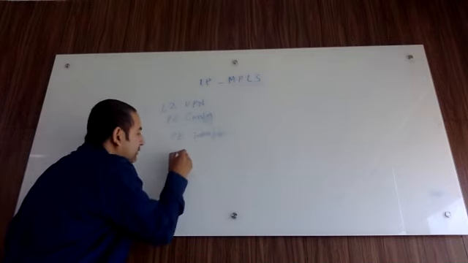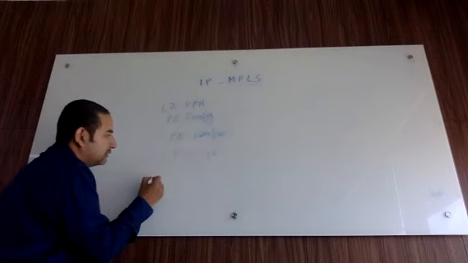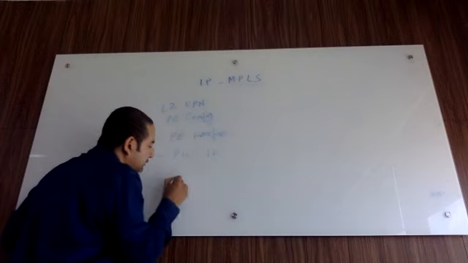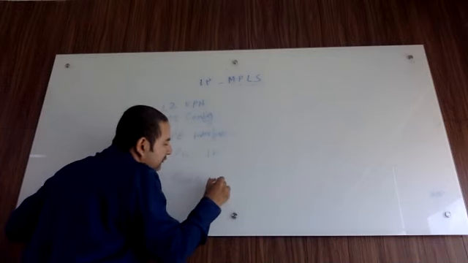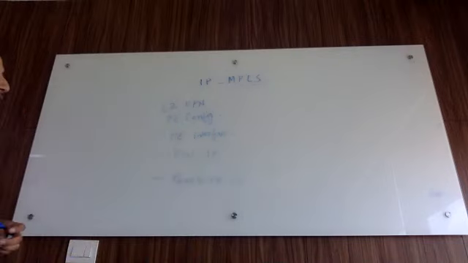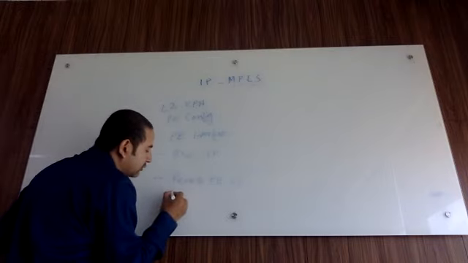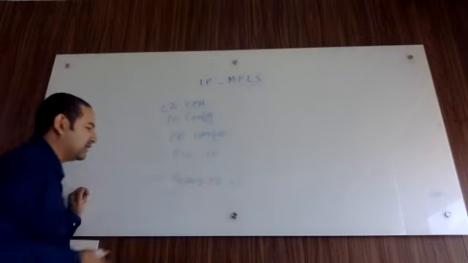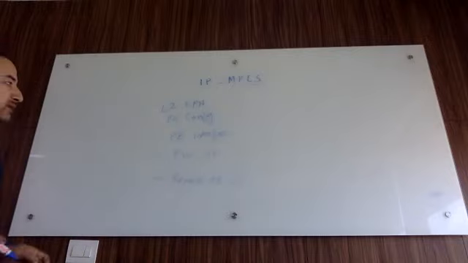Then your pseudo-wire ID number. Remote PE IP. Only these 3 things are required, and of course remote PE name or remote PE IP is the same thing. These 3 things are required in order to configure an L2 VPN.